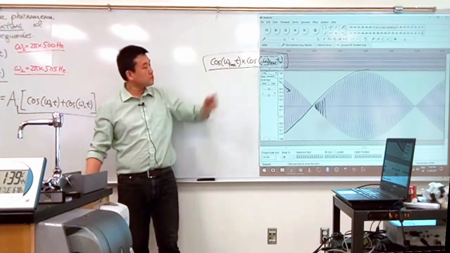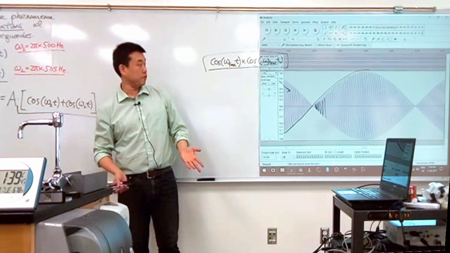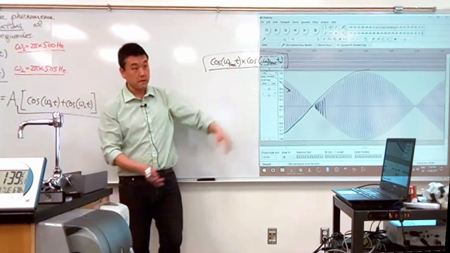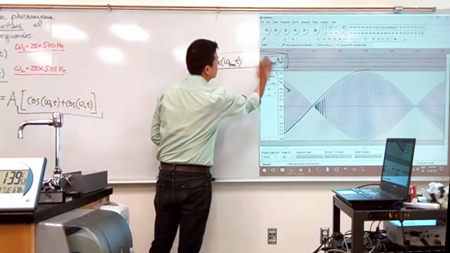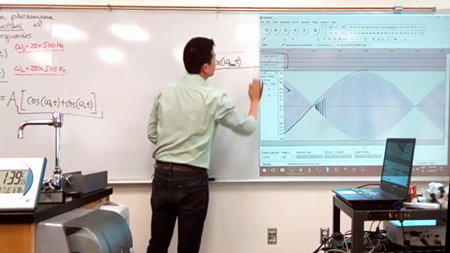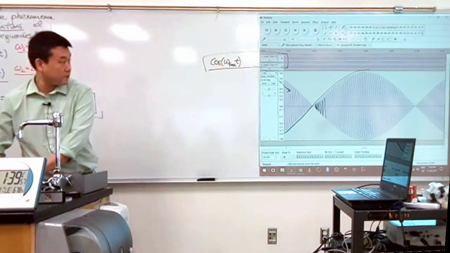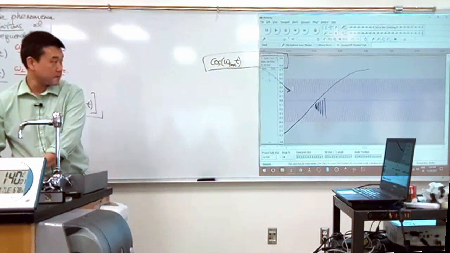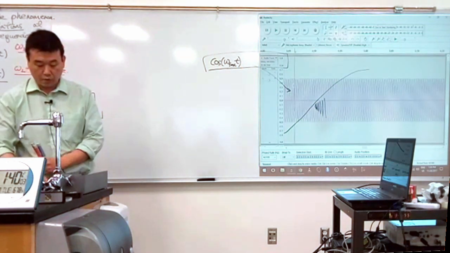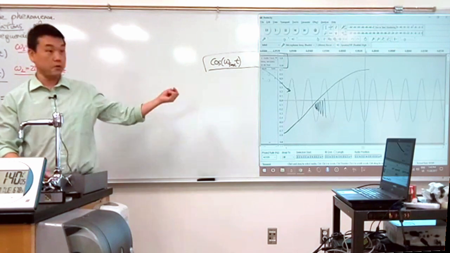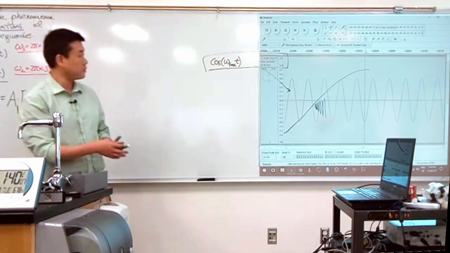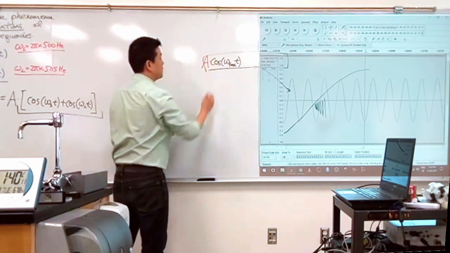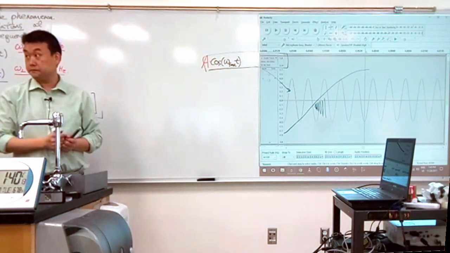Okay, so let me just try to describe the amplitude of a wave. Something that's varying as cosine, right? So let's say I have a cosine wave of a particular amplitude. Let's say it's a cosine of omega t times A. That A is my amplitude.